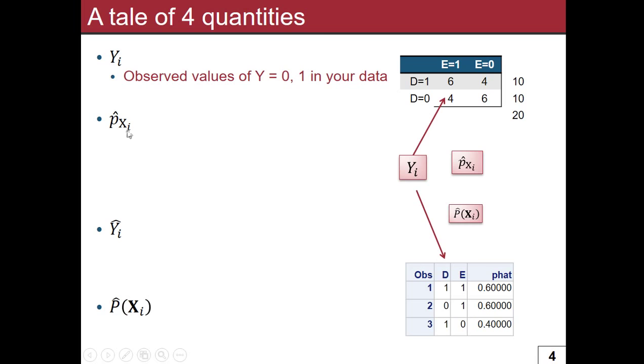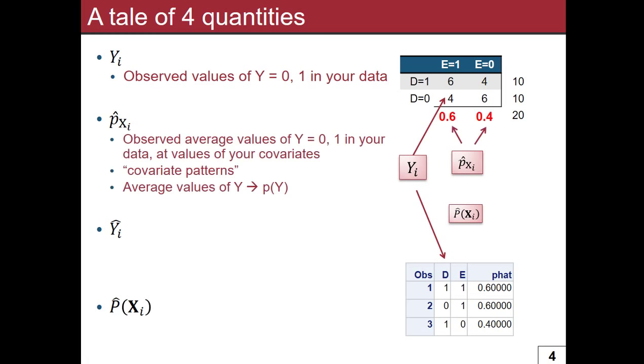This thing called p hat, with subscript xi, is supposed to be a subscript, it doesn't come out so well. This is the average value of being diseased and non-diseased in your data at different values of your covariates. What does that mean? In this column of exposed, 6 out of 10, or 0.6, have disease. So this is like the risk or the probability of disease, whatever you want to call it.